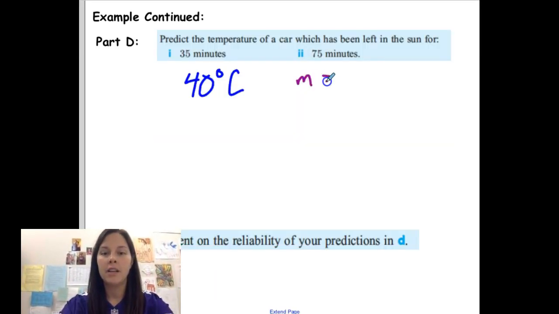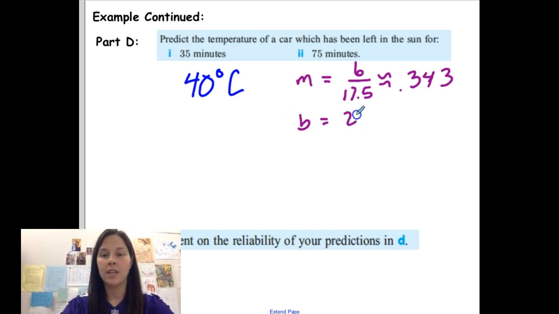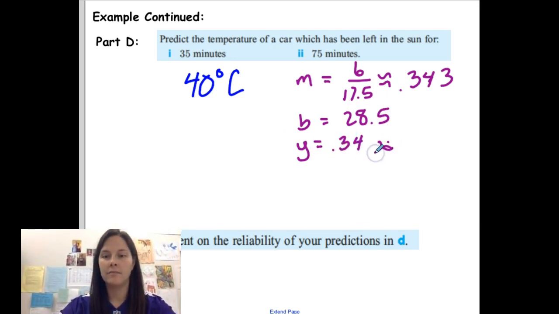Our slope is change in y over change in x, or roughly 0.343. Our y-intercept was 28.5, which makes the equation of our line y = 0.343x + 28.5.